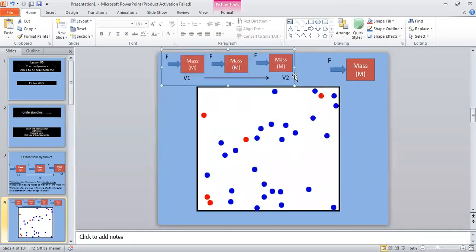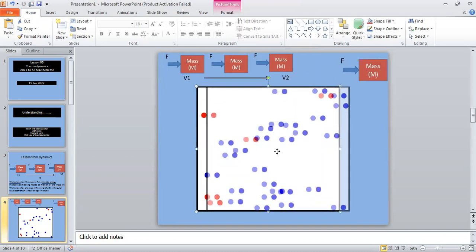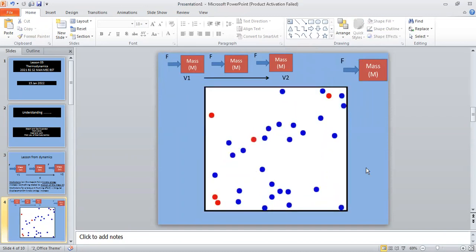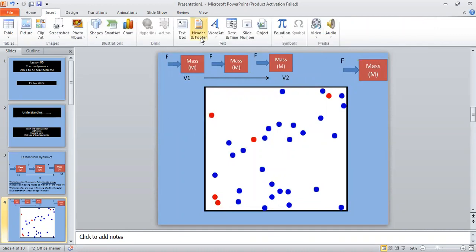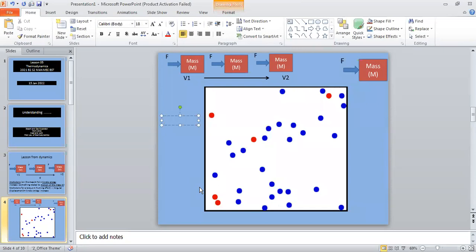Interesting, you know. Energizing the gas molecules.